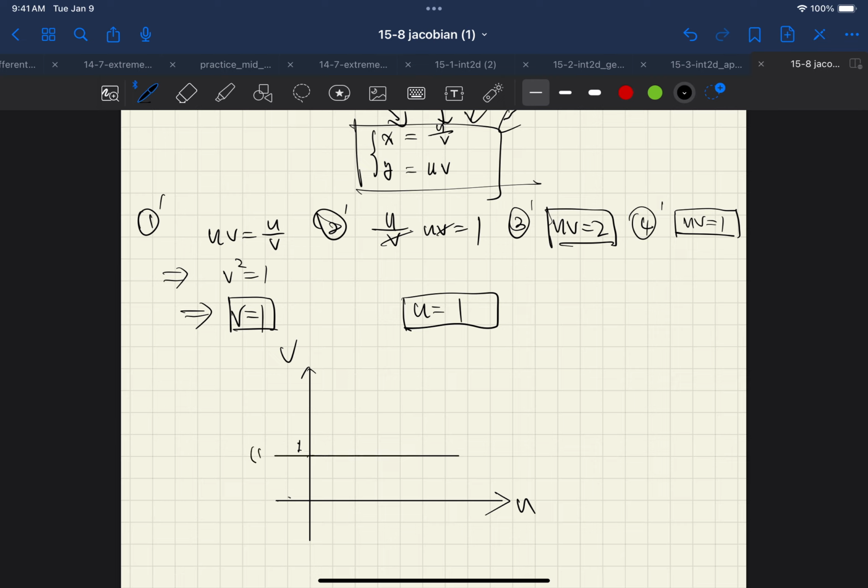So this is number 1, and u equals 1, so if I say here, this is 2, v equals 1, u equals 1, and then we look at uv equals 2. uv equals 2 is a hyperbola going through these two points, something like this. And this one is uv equals 1, a little bit lower hyperbola.